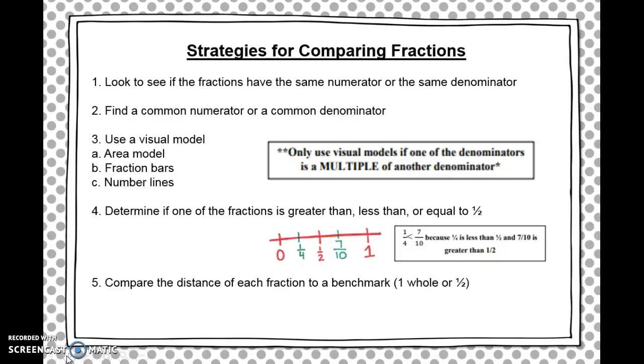You can also compare the distance of each fraction to a benchmark such as 1/2 or 1. In the example provided above, 1/4 or 7/10, we know that 7/10 is closer to being 1 because 10/10 makes a whole, so we're closer to it than if we were looking at the fourth, which is further away from the whole or the half.